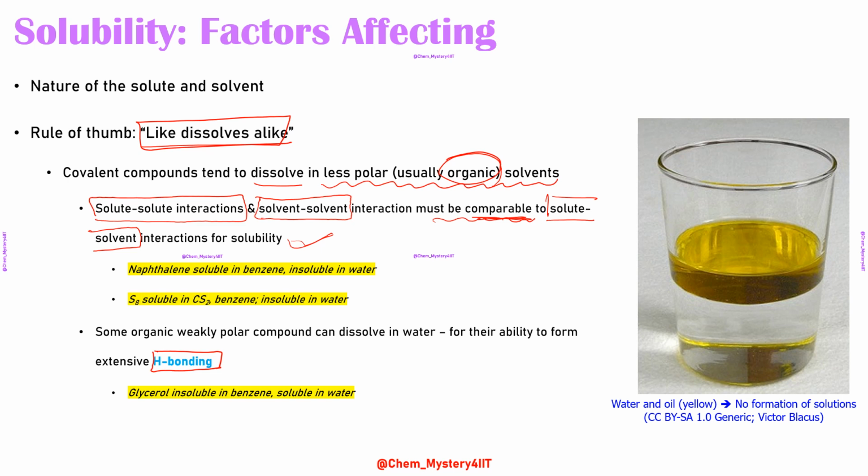Although it is organic, it is insoluble in benzene, you know that, and it is soluble in water. Again, this is not just about organic versus inorganic. This is about their attractive forces, their nature.